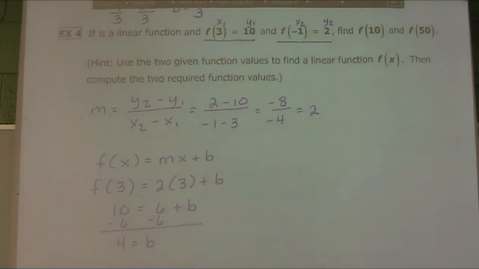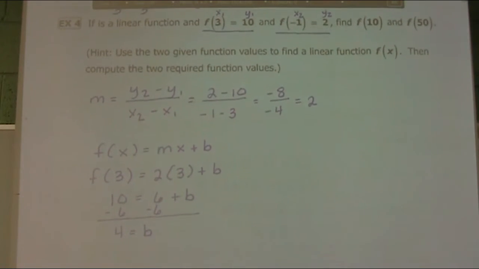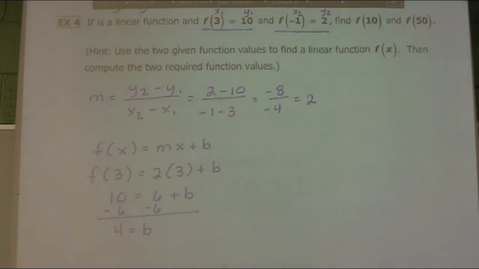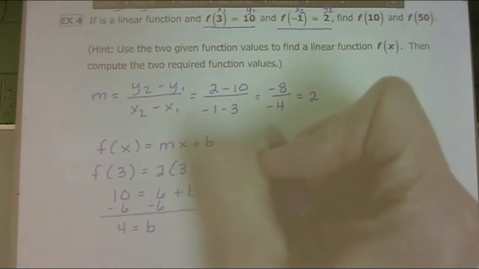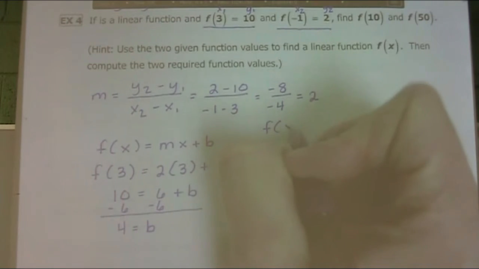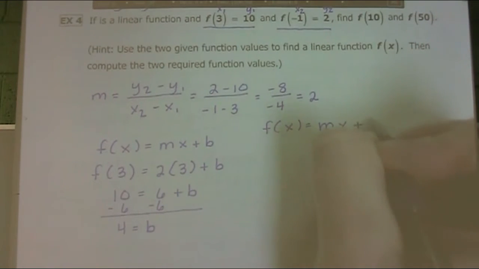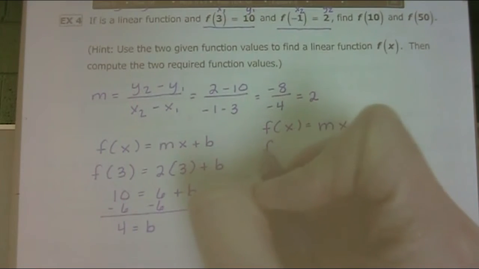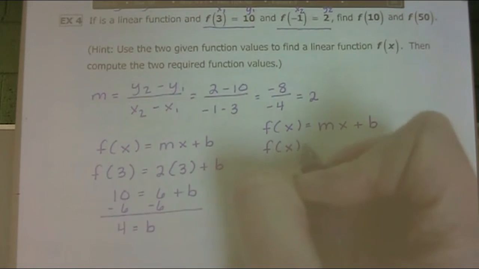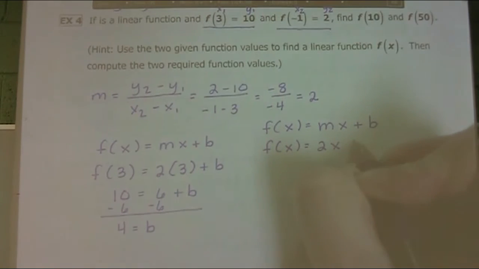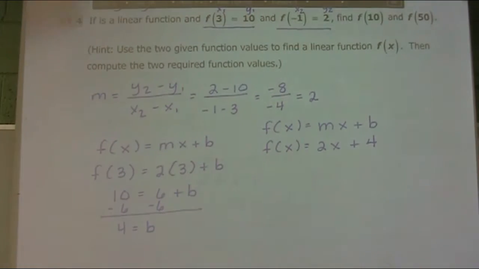So now that we have found b, we can write our linear function. And our linear function, let's go back to this, f of x equals mx plus b, and we're just going to plug in m and b. So this is f of x equals 2x plus 4.